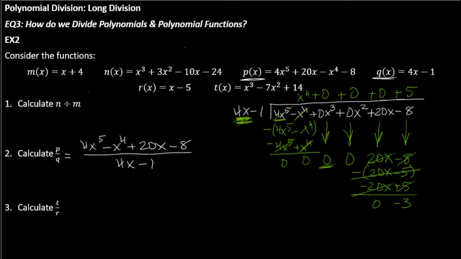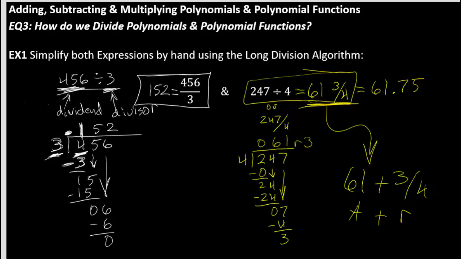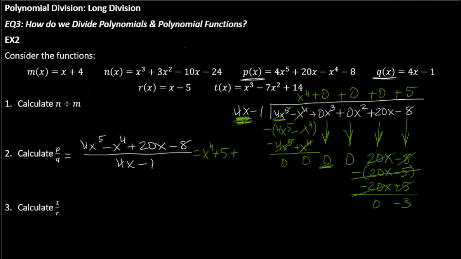Okay, so what we see is this guy is equal to x to the 4th plus 5 plus our remainder, just like how we did over here. So this was our remainder, was the 3/4, right? So we can say it's our whole number plus the remainder. Okay, so that's exactly what we're going to do here.